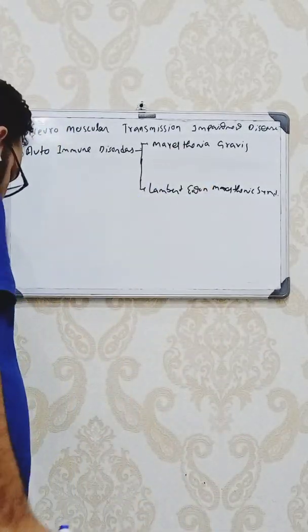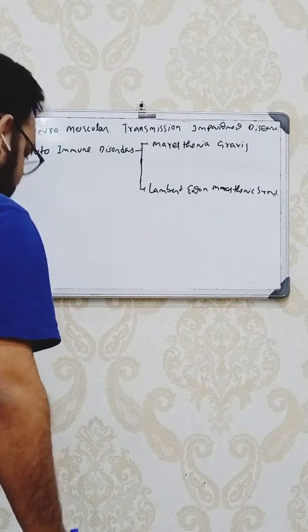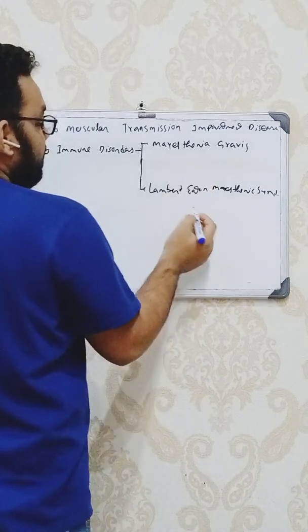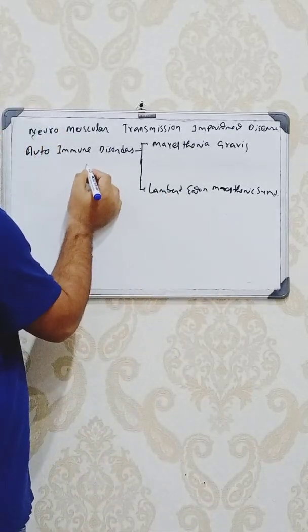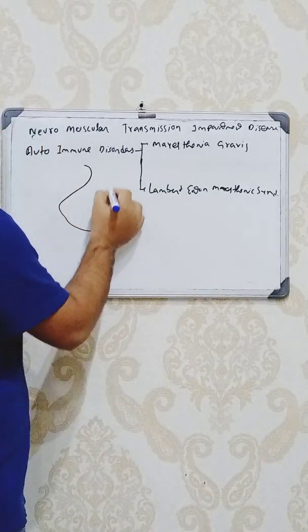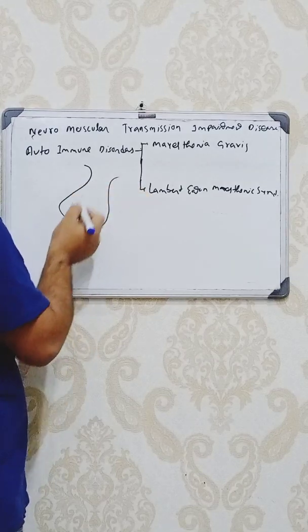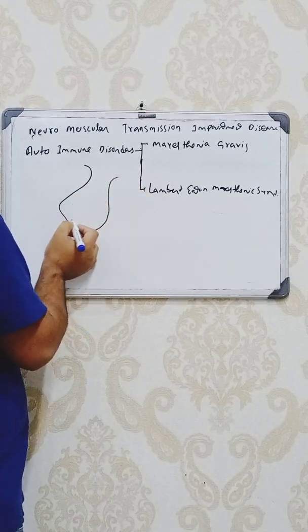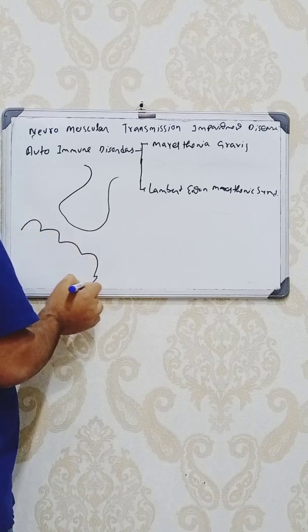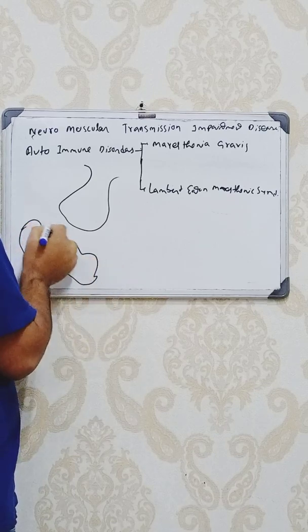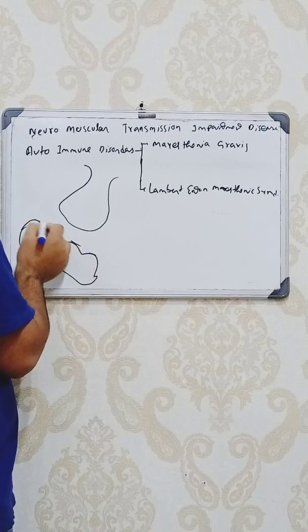Okay. So first, if we talk about myasthenia gravis, I already told you, just a very fast recap. This is the motor nerve ending plate, okay? And here are the muscles, the muscular crest. There will be receptors for the acetylcholine.